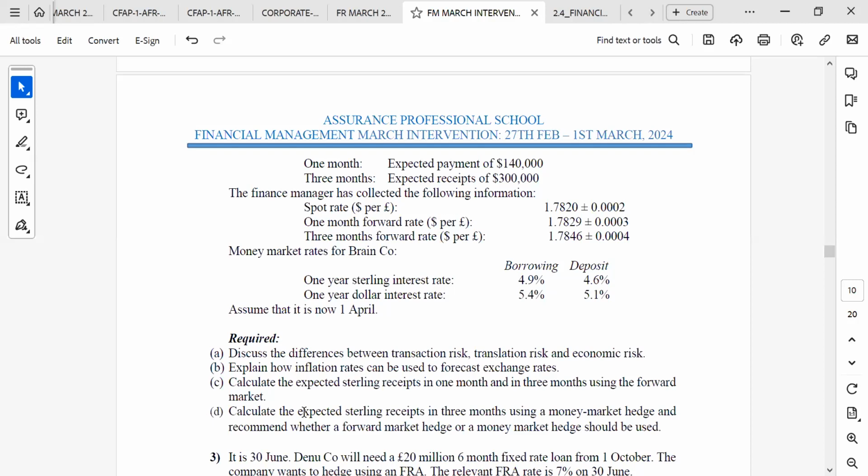So we try to adjust the spot rate for the two countries using their respective rates.